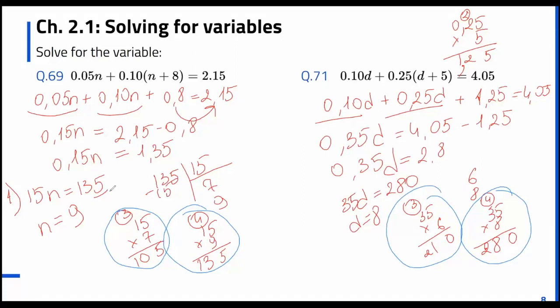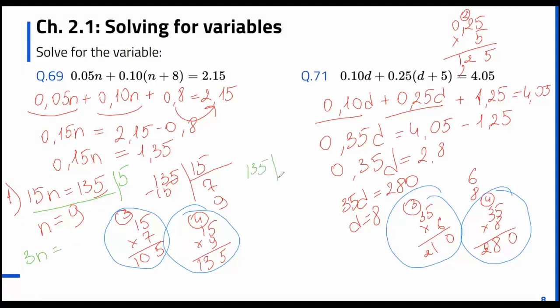If you have huge numbers or you don't see how much you need to multiply by, you can take out common factors, like divide by 5, 15 and 135, and you'll get easier, smaller numbers. You will see how to solve them. Here 3, and how many? 3 and 13.